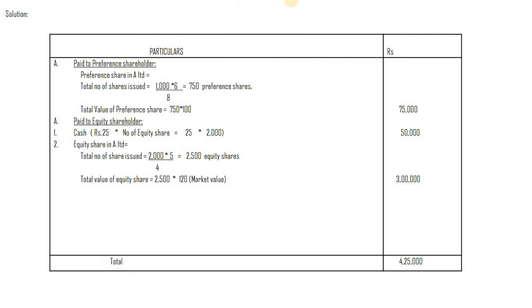So total value of new preference share will be 750 into 100, which is 75,000, right?